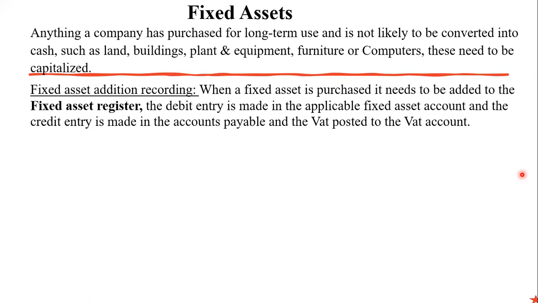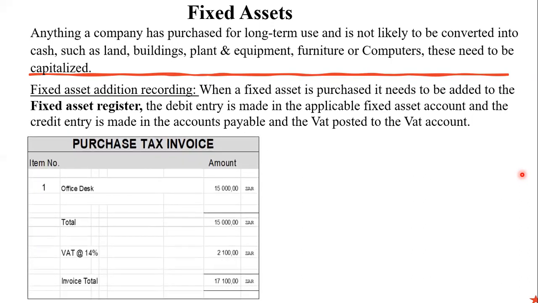When it's purchased, it needs to be added to the fixed asset register, which is a subsidiary ledger that is controlled all on its own. And this is what the entry is going to look like. We bought an office desk of 15,000.